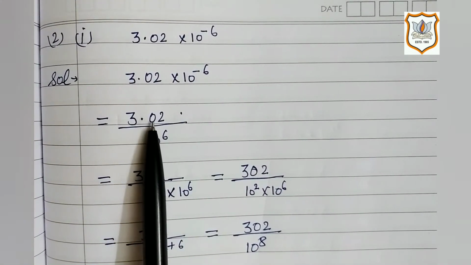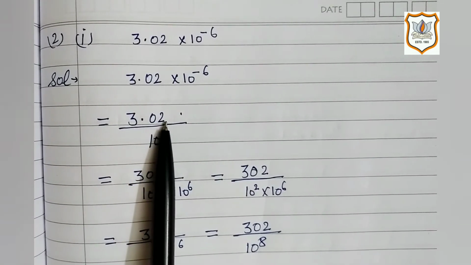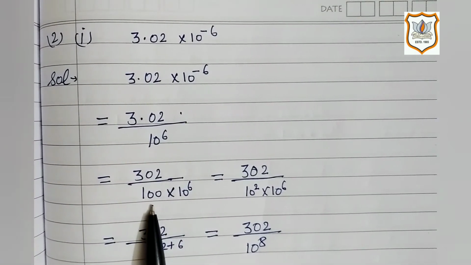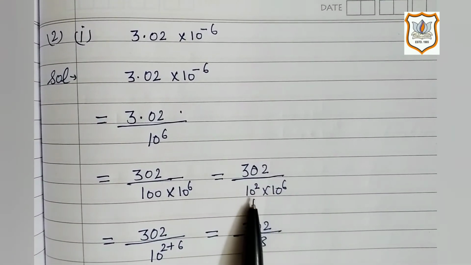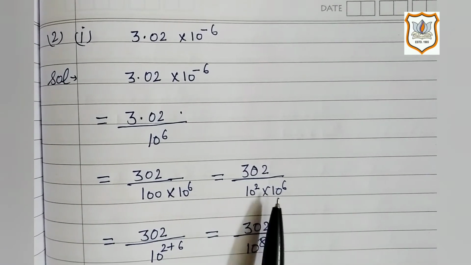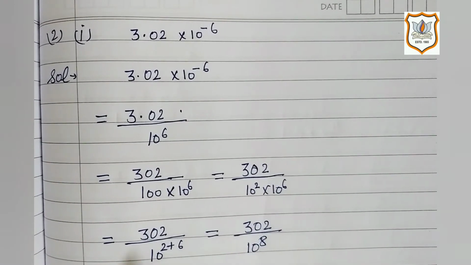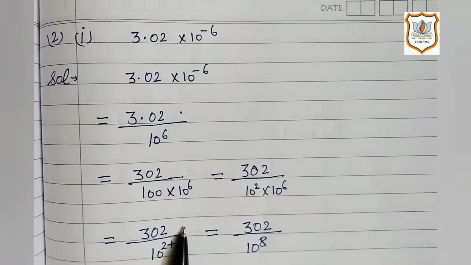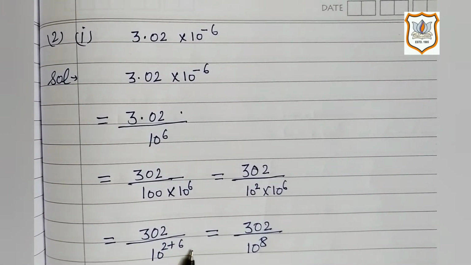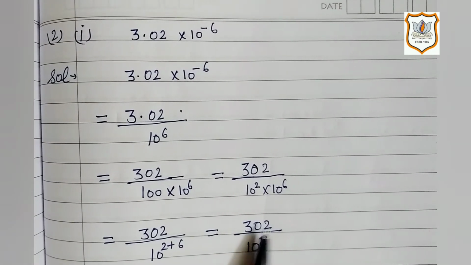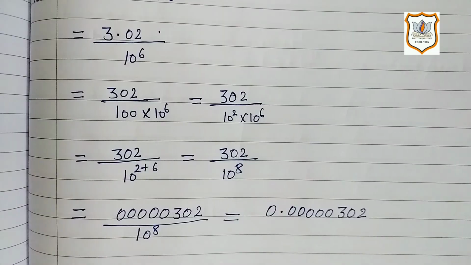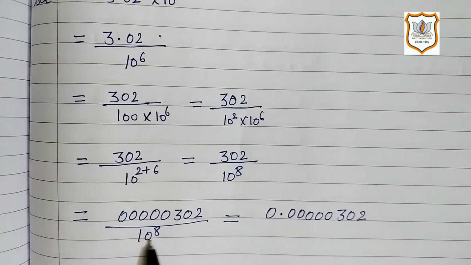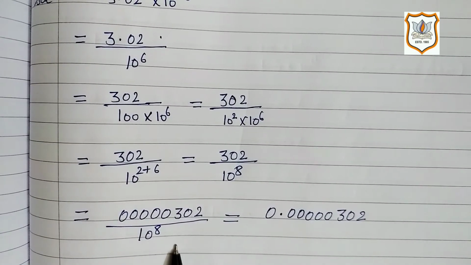Because here there are two digits after the decimal point, so we write 100 as a denominator, which is equal to 302 upon 10 raised to power 2 multiplied by 10 raised to power 6, is equal to 302 upon 10 raised to power 2 plus 6, is equal to 302 upon 10 raised to power 8. Students, you can see here 10 raised to power 8 as a denominator.